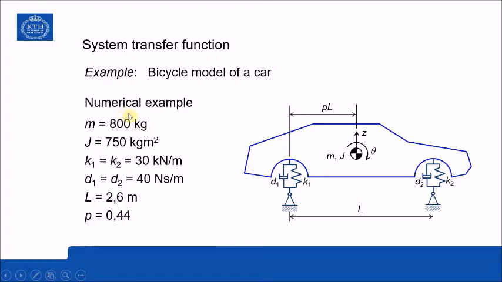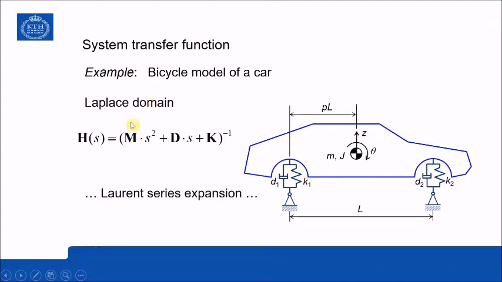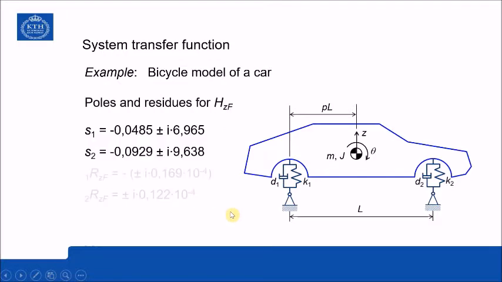So a numerical example like this gives us, after converting to the Laplace domain and a Laurent series expansion, the following pole pairs. We have one complex conjugate pole pair equal to this, with a small negative real part and a pair of imaginary parts like this.